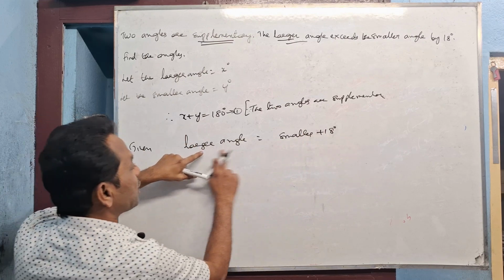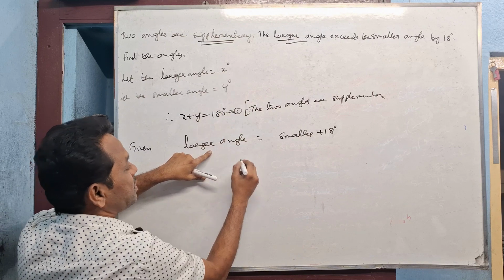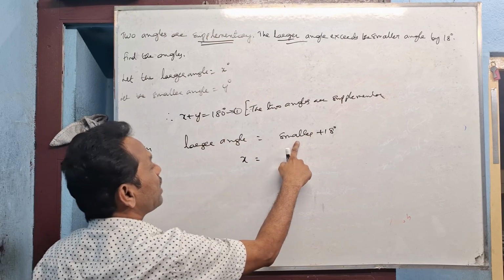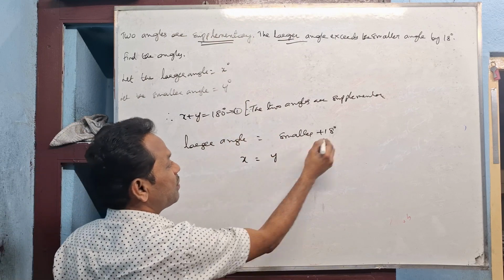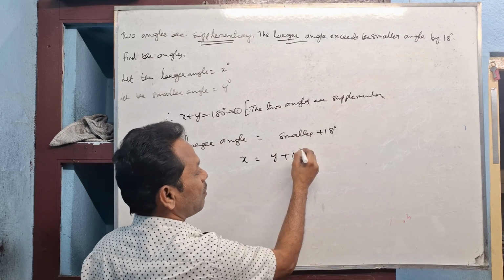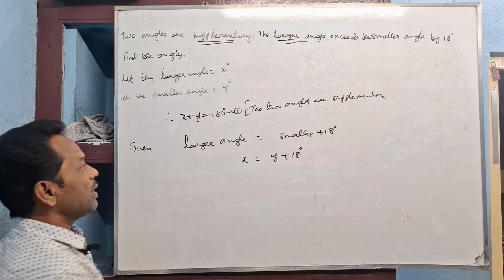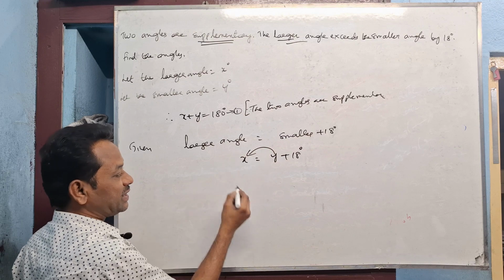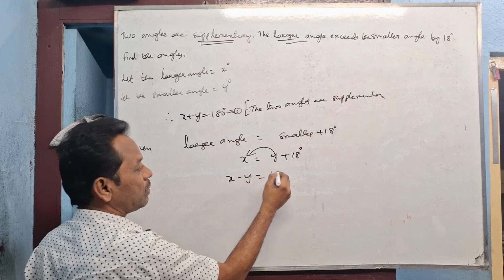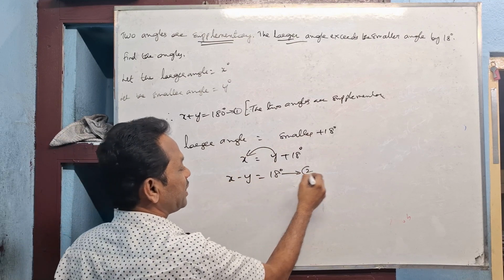The larger angle is x, so x equals the smaller angle y plus 18 degrees. Let me take this y to the LHS, so we get x minus y equals 18 degrees. Let me take this as equation 2.